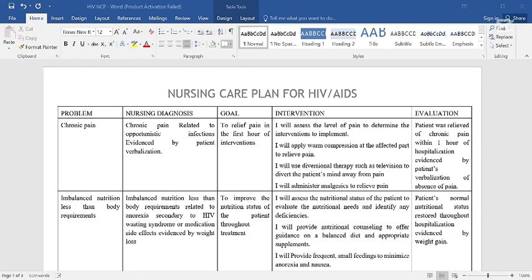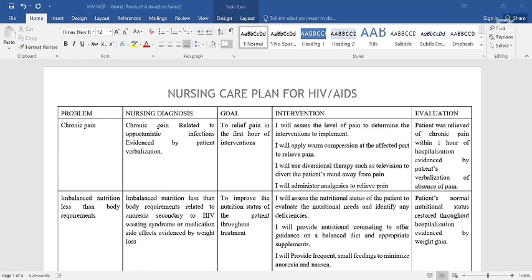Then the last one is I will administer analgesics such as paracetamol to relieve pain. So there we have our 4 interventions under chronic pain.